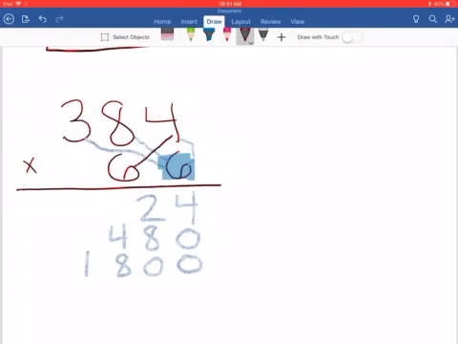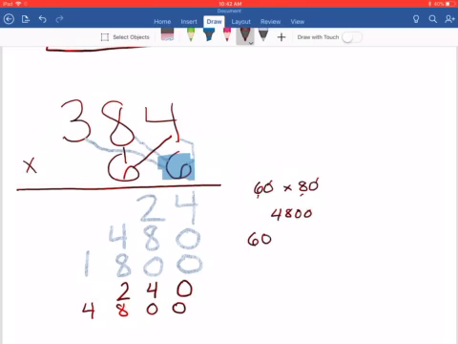So we're going to do 60 times 4, which is 240. 60 times 80, well, these two are 48, and then I've got 2 zeros. So I know that's 4,800.